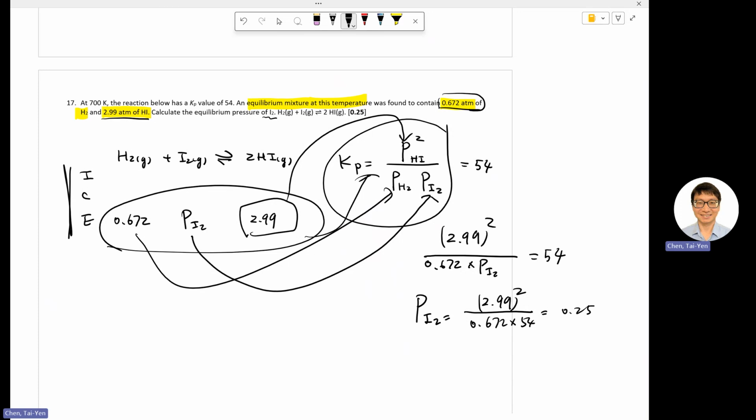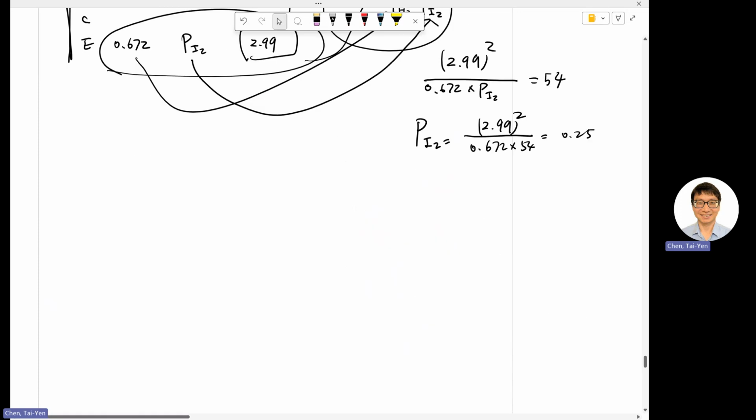The only reason we write this ICE is to let you see you can only apply the number at equilibrium to your equilibrium constant equation. This is a very important concept that everybody should know. Otherwise, we won't be able to do a calculation properly. So we need to practice this over and over again. All right, any other questions?